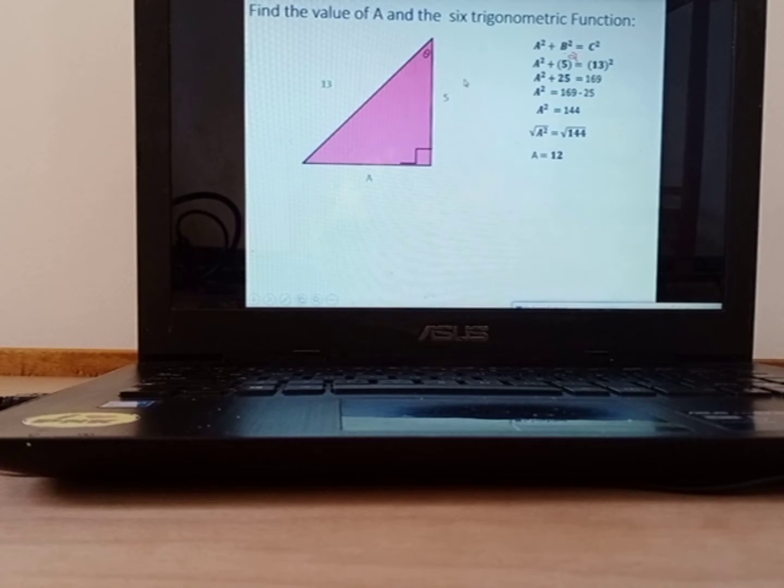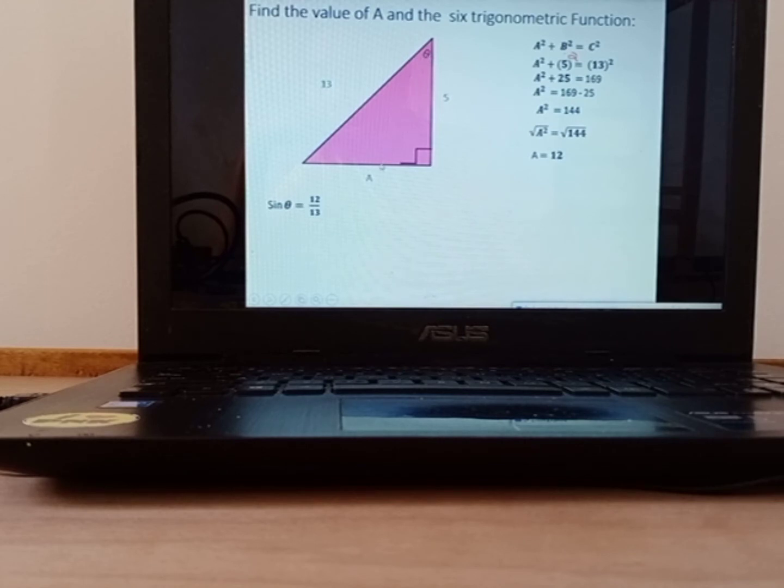So we can determine our six trigonometric functions. Let's have first the sine function. We have SOHCAHTOA. Sine is equal to opposite over hypotenuse.